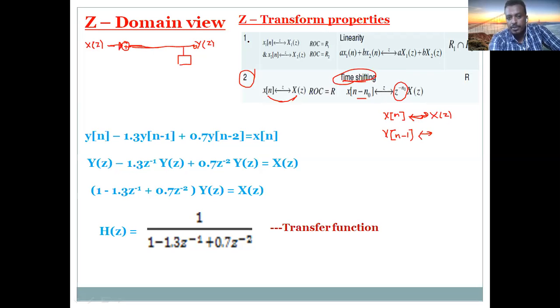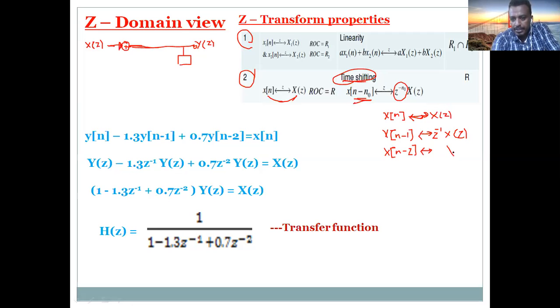Here we'll discuss two properties, linearity and time shifting. So if you shift your signal in time domain by 1, what will happen in Z domain? Z to the power of minus 1, because the shift is 1. Simply x of z multiplied by z to the power of the shifting constant. If you shift your signal by 2 in time domain, what will be the transform?